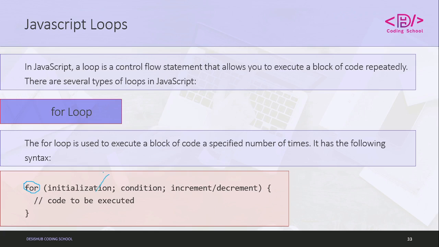The first is the initialization, the second is the condition, and the third is the decrement or increment. Then the last part is the code to be executed each time.